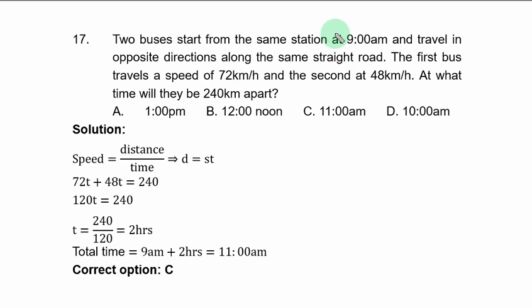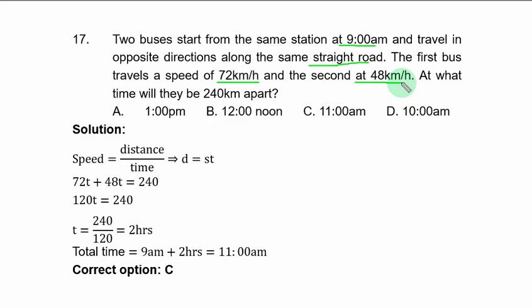Question 17. Two buses start from the same station at 9 a.m. and travel in opposite directions along the same straight road. The first bus travels at a speed of 72 kilometers per hour and the second bus at 48 kilometers per hour.